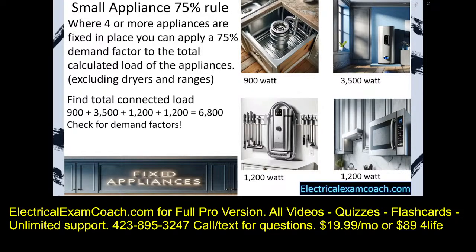Step one in all load calculations is to get the total connected load. Then we're going to check for demand factors. And in this case, we can apply the 4 or more 75% rule. We take 6,800 multiplied by 0.75, and that gives us a new reduced load of 5,100 watts. And that's what we would take and add to our whole home load calculation.